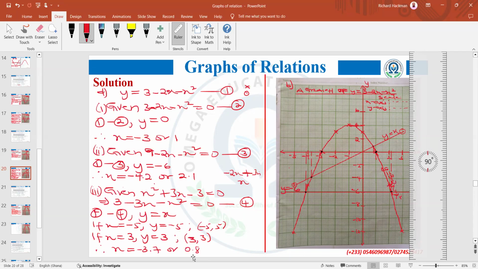And remember, the gap here is 2 units, so 1 unit divided by the number of boxes will be 1/10, which is 0.1. So if the gap here is 2, here it will be 2/10, which is 0.2. So take note of the size of each small box. So that will be it for the solution of this one.